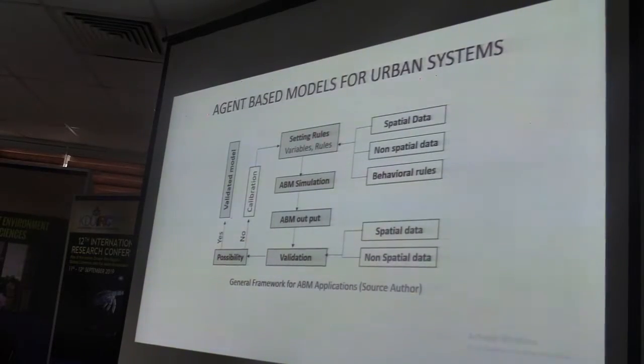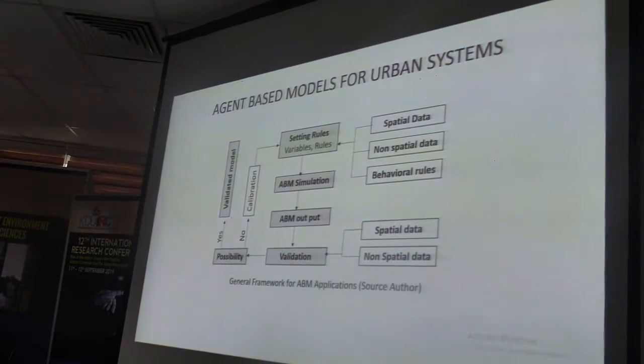This is the general framework of agent-based modeling application. Setting rules is a critical task of agent-based modeling. We need spatial data, non-spatial data, and behavioral data rules to set up the rules. After setting up the rules, we can simulate the model and get the agent-based modeling output.